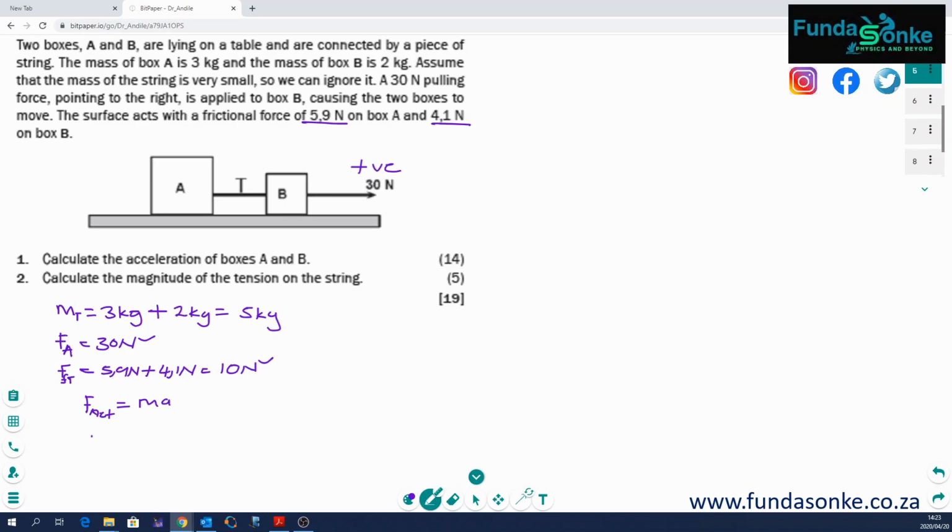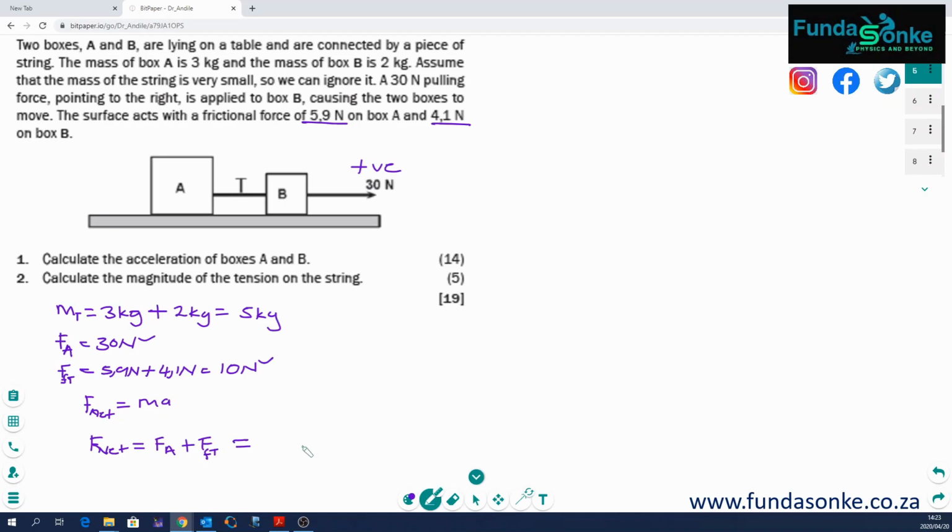So our net force F net will be equal to our FA plus our F small f t.